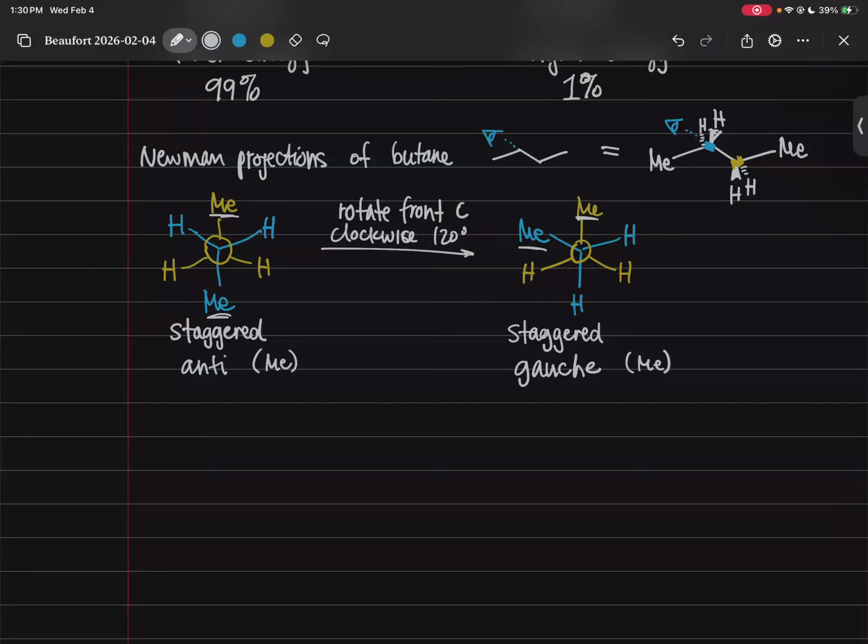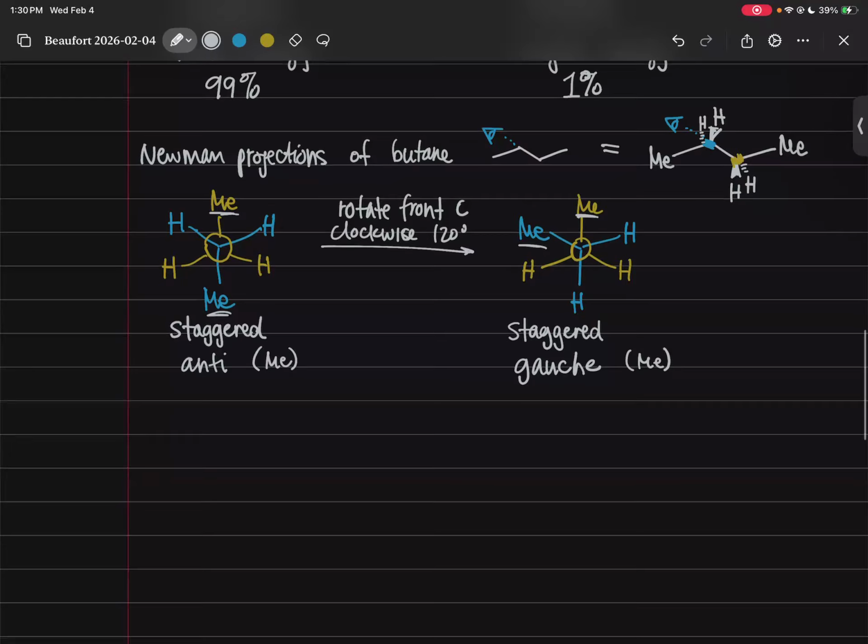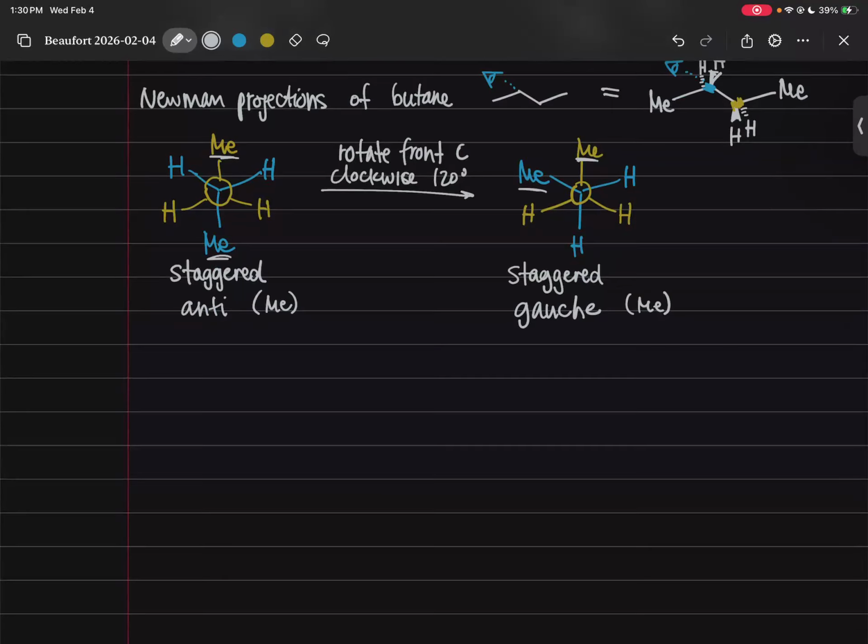So those are our two staggered options. We can also do some more playing with rotation to make two different eclipsed conformers.